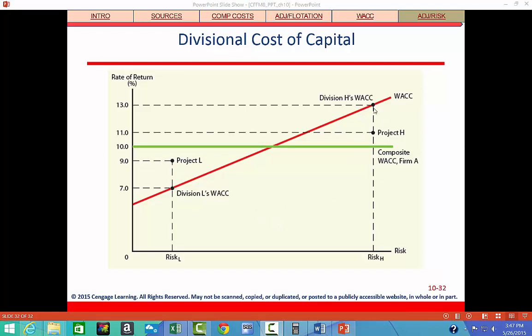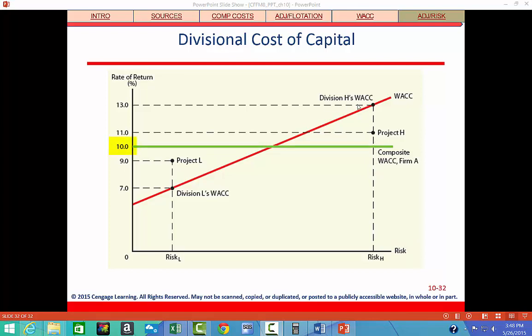And then we look at the high-risk project, Division H, and its weighted average cost of capital is 13%. But the project generates 11%. And according to the overall composite weighted average cost of capital, we would have accepted Project H because we would have said, well, 11% is greater than 10, so we passed the hurdle rate.